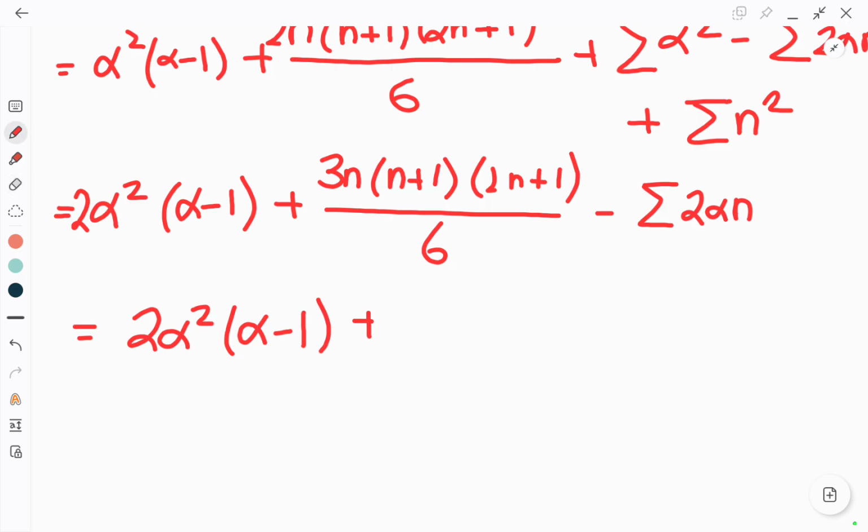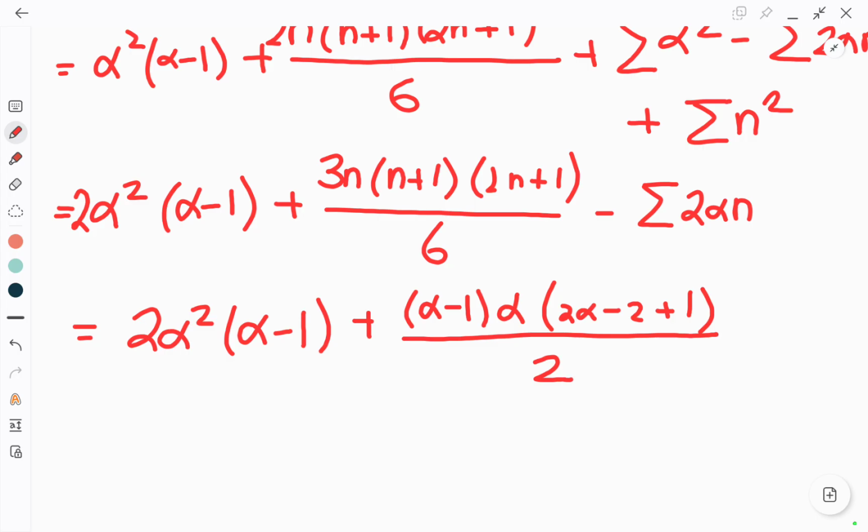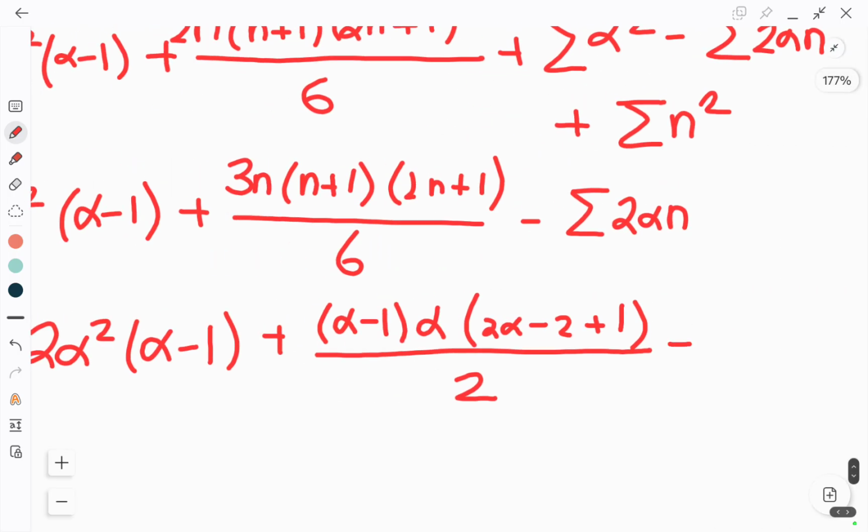Firstly we will get alpha minus 1 into alpha into 2 alpha minus 2 plus 1 by 2. We are cutting 3 and 6, and minus 2 alpha will come outside the sigma, and the sigma of n equals n into n plus 1 by 2.